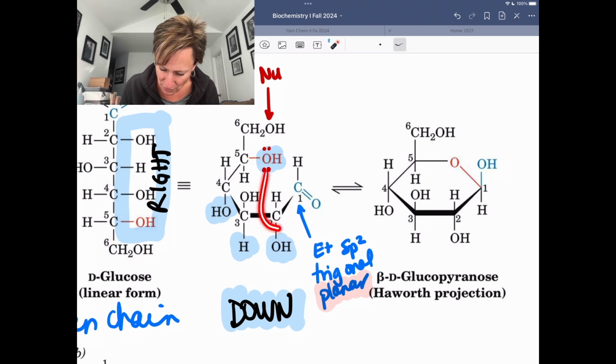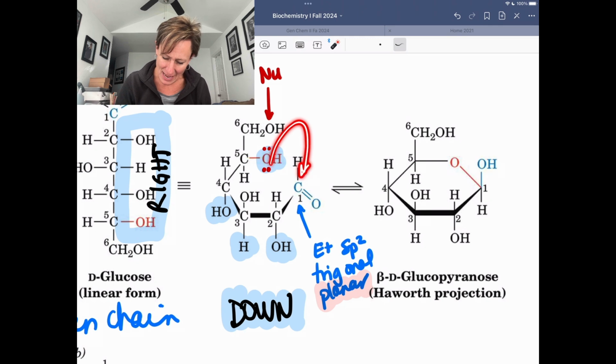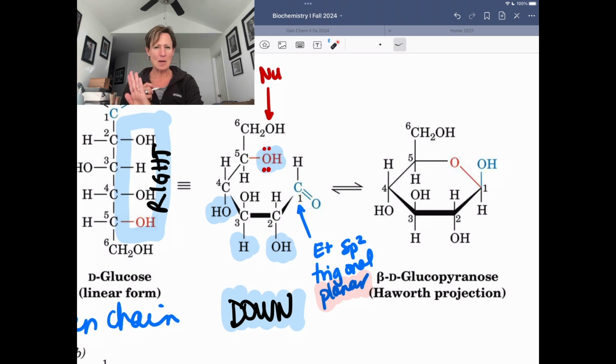If I'm attacking from this bottom face, what's going to happen is when I generate my OH group and I protonate that alcohol, that's going to put that OH group in the up position. If I attack from the top face, then the rest of this molecule is going to go down and be protonated, and it's going to be on the bottom.